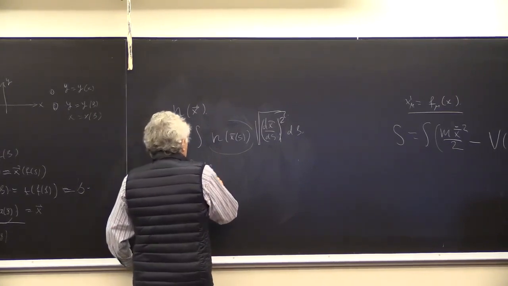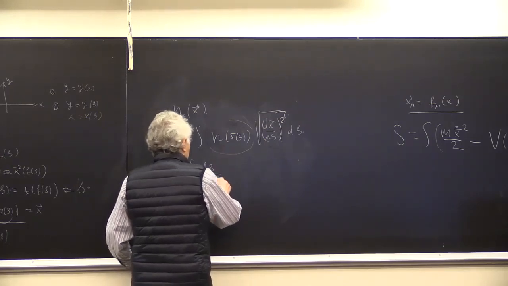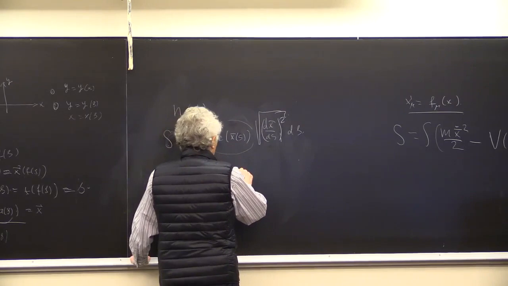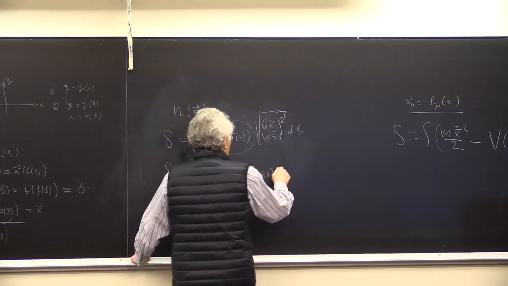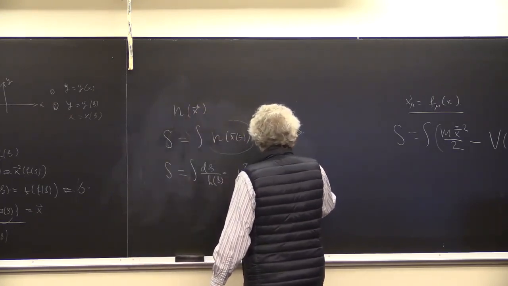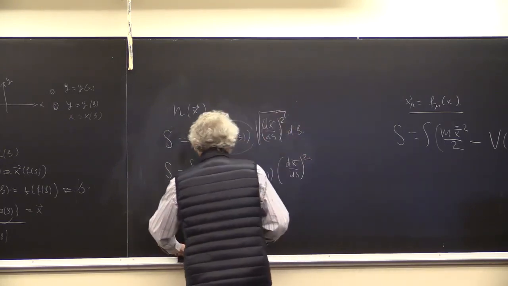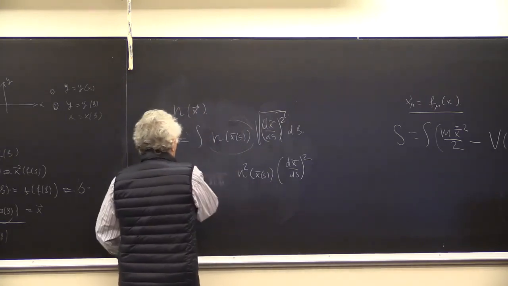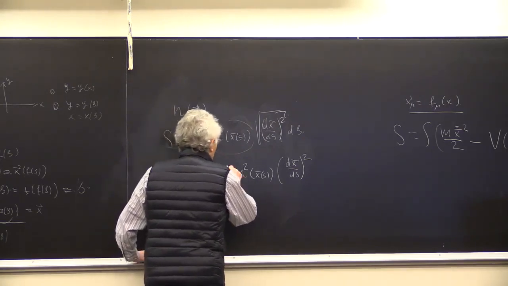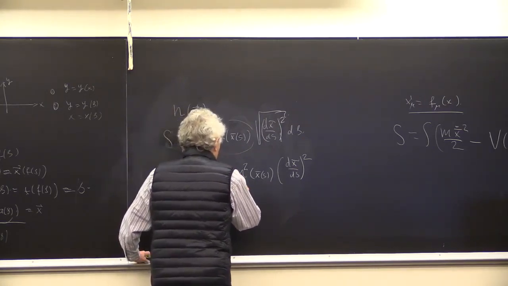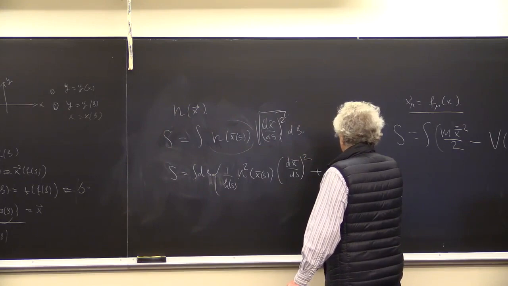You write down the integral ds. I introduce a new field, a new variable h of s. Here we have n squared of x of s times (dx over ds) squared. Let me write it down this way. Here we will divide it by h of s, and we add the term h of s.